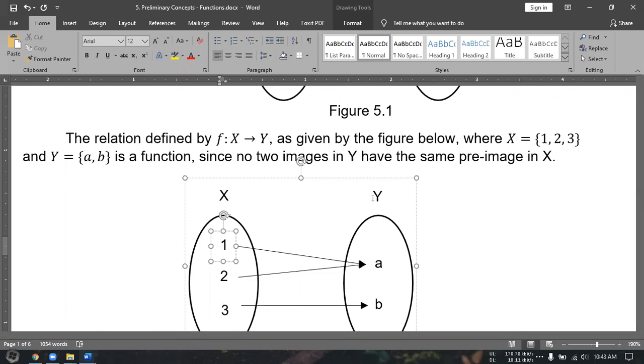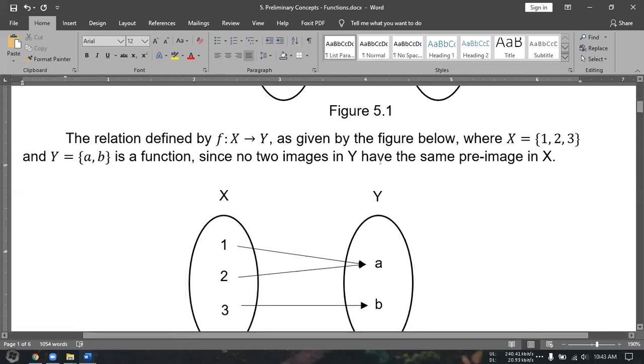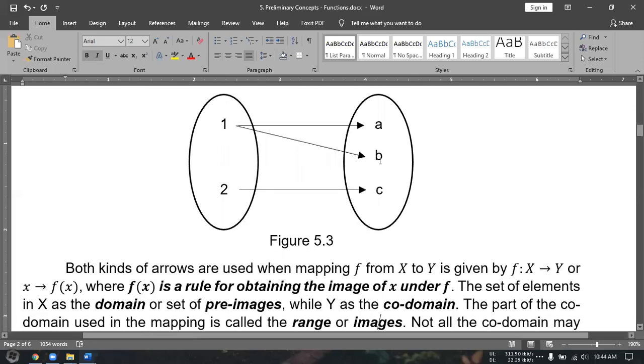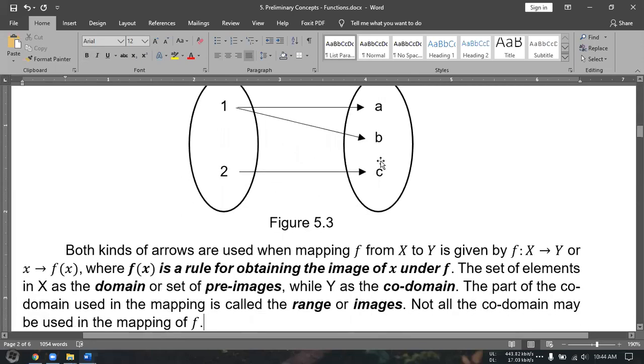The set of all images is our range. The part of the codomain used in the mapping is called the range, or the images.